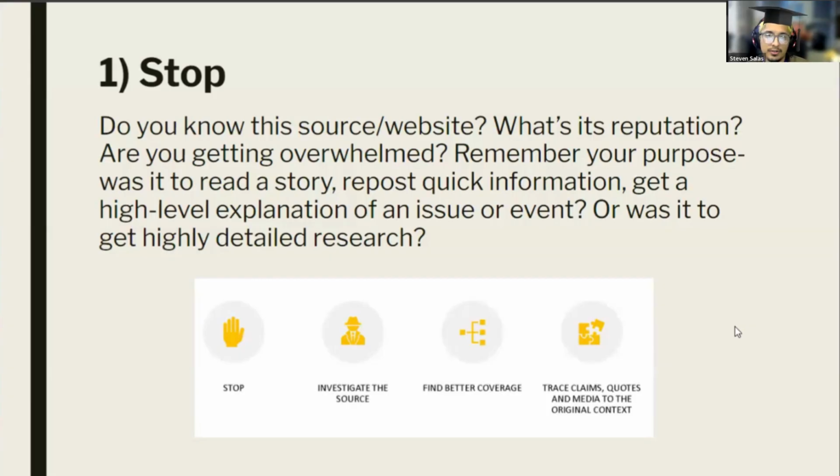Ask yourself, do you know the source on the website? What is its reputation? Are you getting overwhelmed? But remember, your purpose was to read a story, post quick information, get a high level explanation of an issue or event, or was it to get highly detailed research?